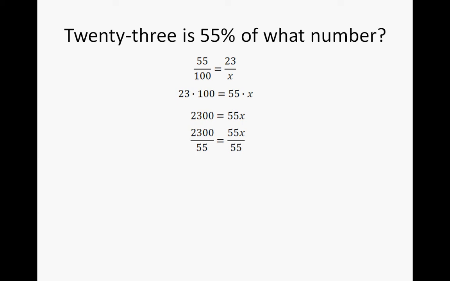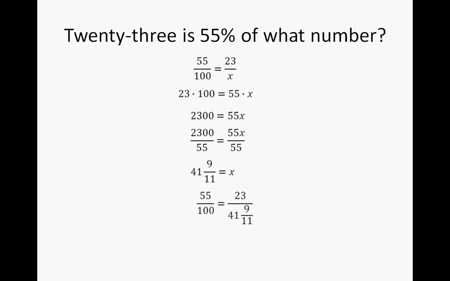So dividing by 55 is actually 41 and 9/11, because 9/11 is a repeating number. So in this case, it's better to leave it in its fraction format. So our missing partition is 41 and 9/11.